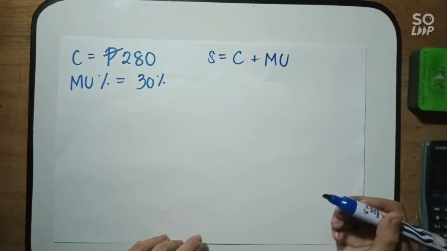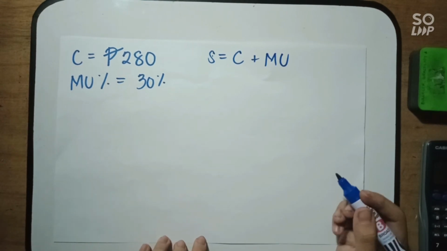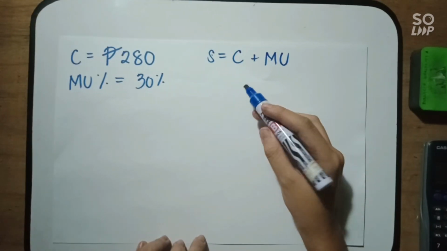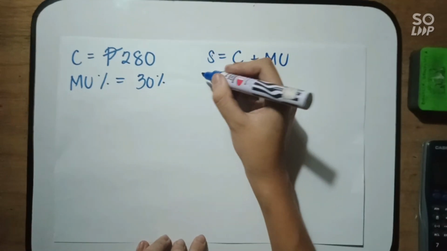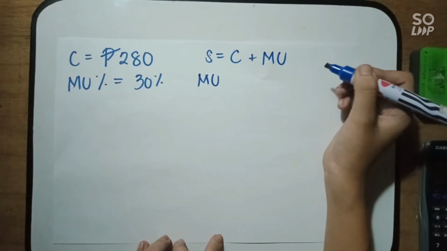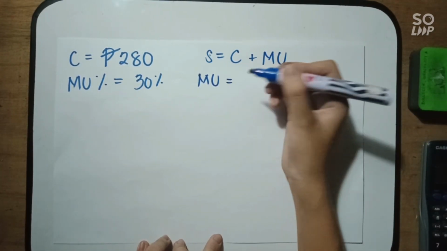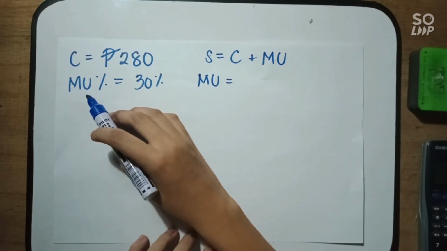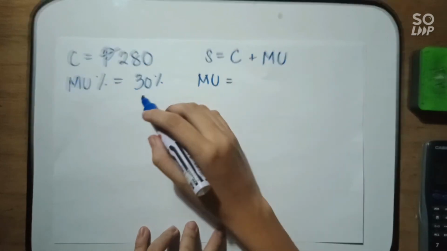Since we only have the value for the cost of the product, in finding the value for the markup, markup is equal to the rate of markup based on selling price, which is 30%.